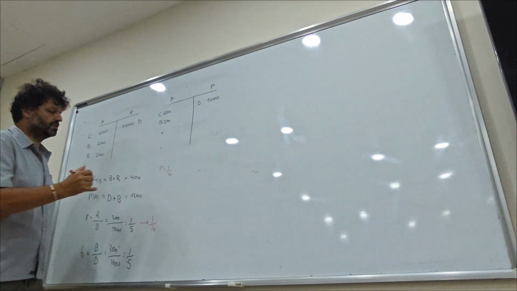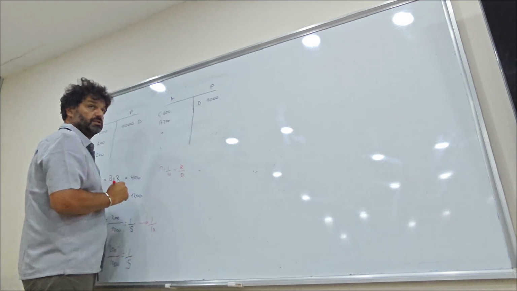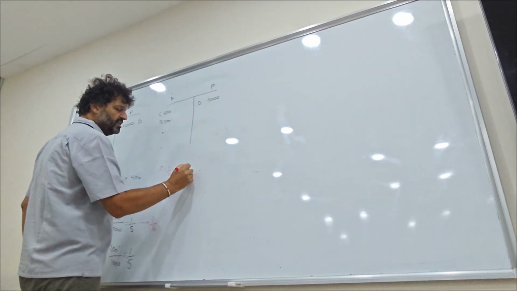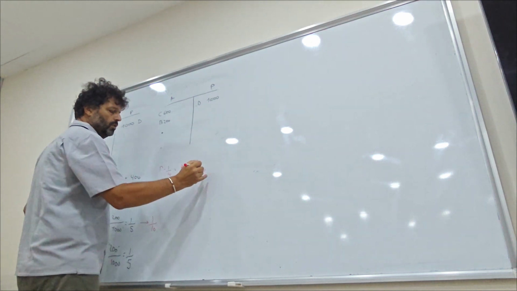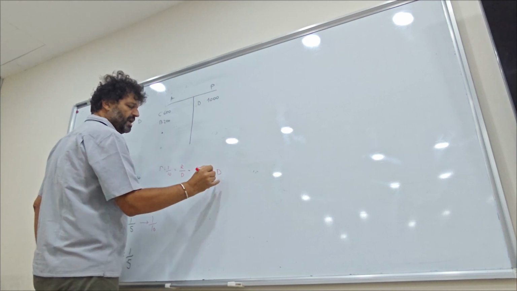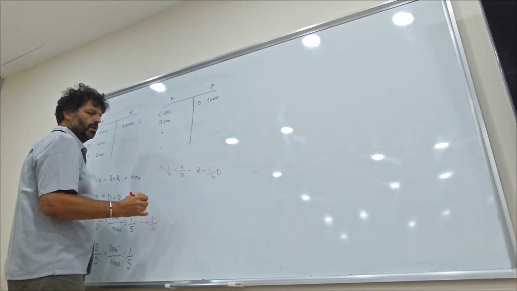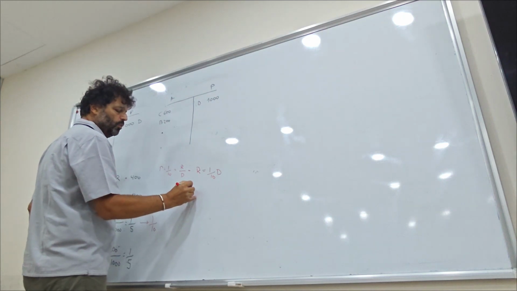Which means that this is equal to reserves to deposits. So this means that r is equal to 1/10 of deposits, which means that reserves are equal to 100.